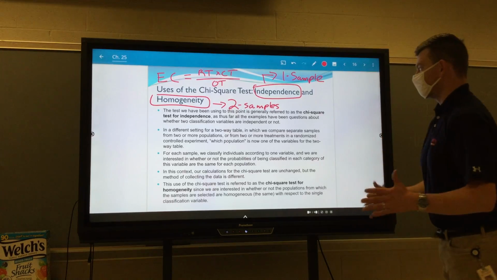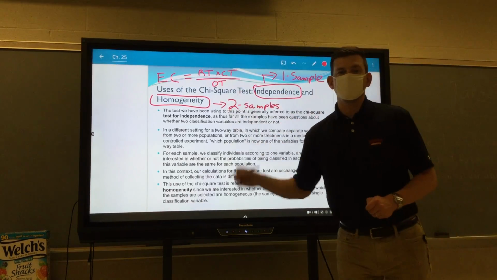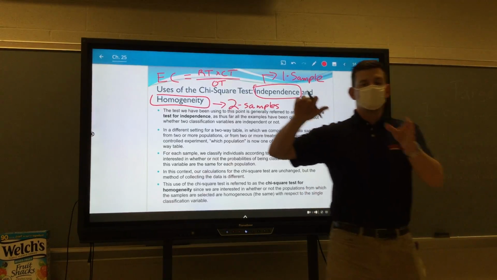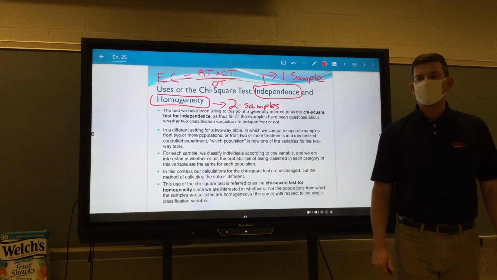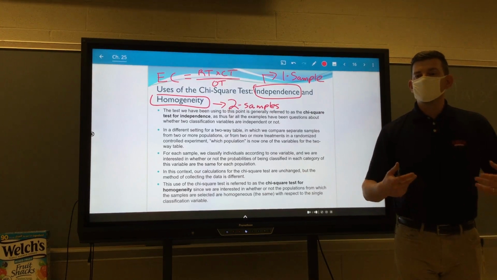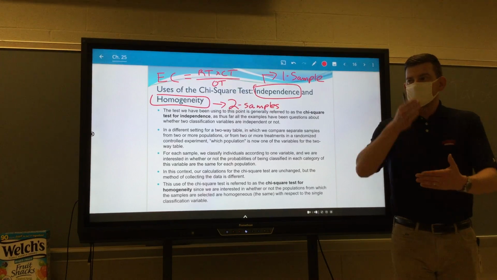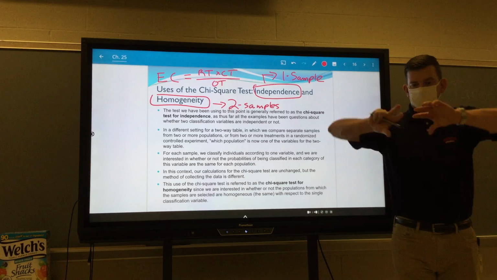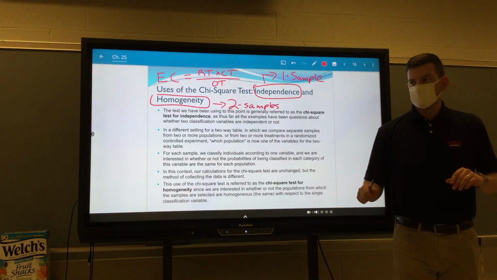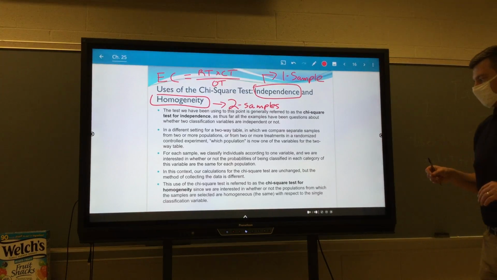The only new aspect of this is that instead of everything coming from a single sample and being placed into that 19-year-old, 20-year-old, 21, 22-year-old category, now the two samples that we have obtained have that distinguishing characteristic that separates them. So we take the samples separately.